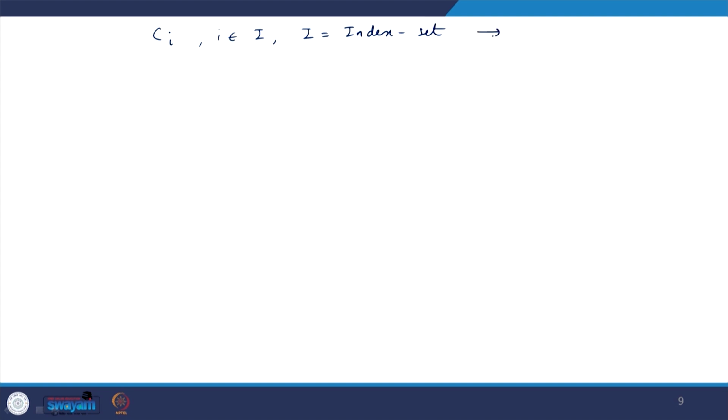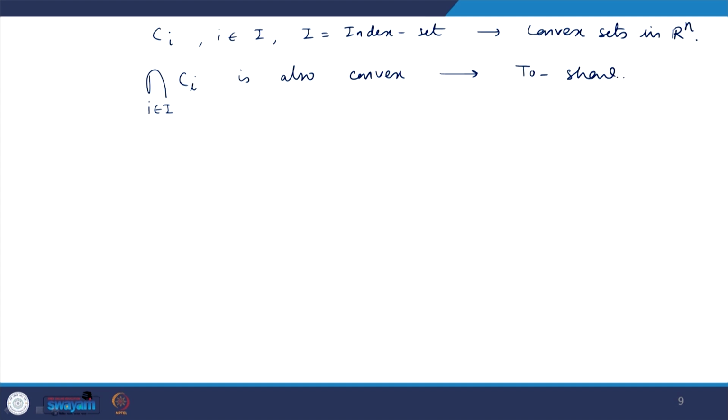Suppose these are convex sets in Rn, and you have to show that the intersection over i belongs to I of Ci is also a convex set. This is what we have to show, then only we can show that arbitrary intersection of convex sets is convex.